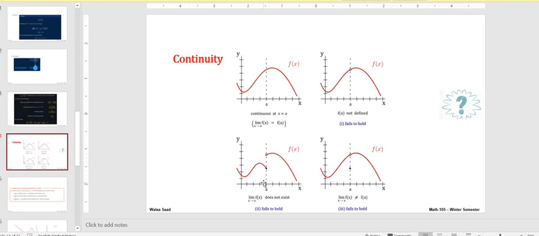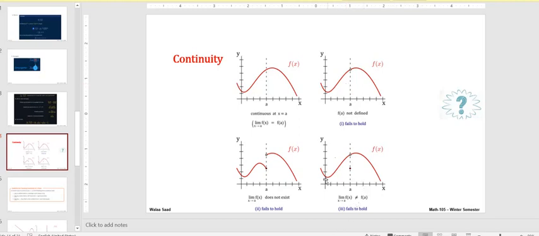But the function itself, if we evaluate f at a, we have a colored circle. This colored circle means that the function is defined and it will output that height. We go to the y-axis and see the corresponding height. So the function is defined, but the limit does not exist. It's exactly the opposite of here, where the function was not defined, but the limit existed.